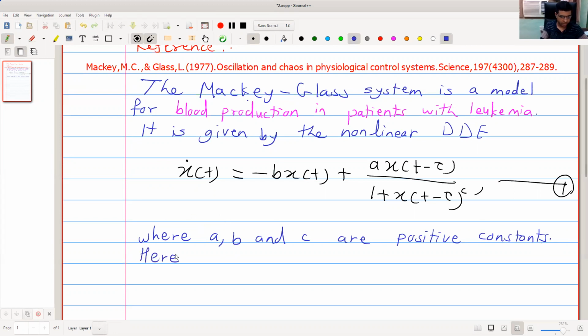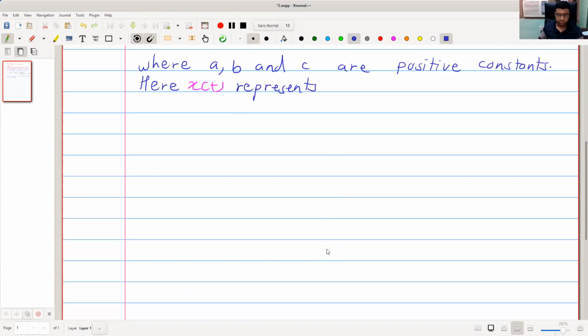Here, x of t represents the concentration of blood at time t.